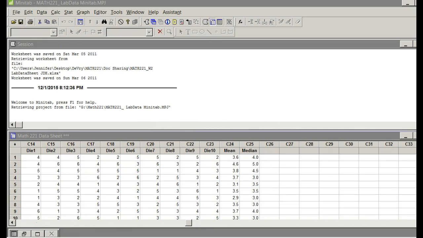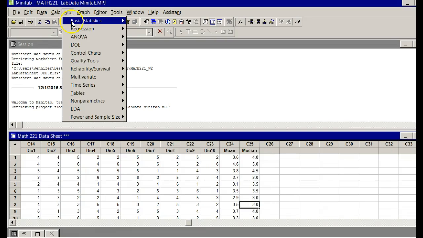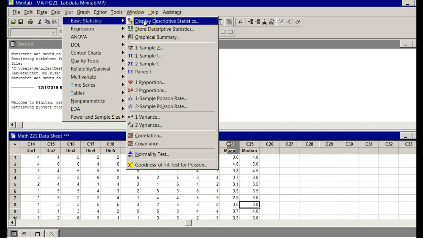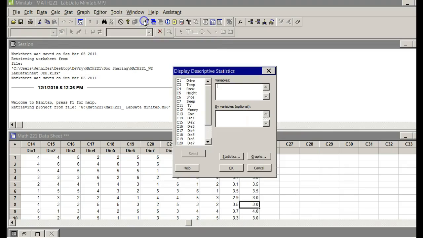All I have to do now is get the mean and the standard deviation of the mean and the median columns. So what we're going to do is go to Stat, Basic Statistics, Display Descriptive Statistics. We're going to set our variables to the mean and median.